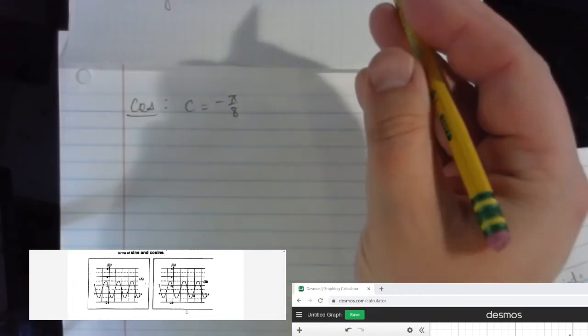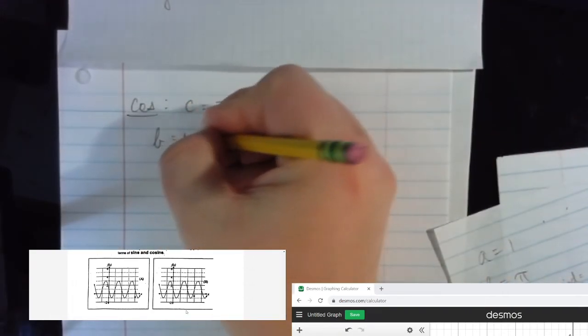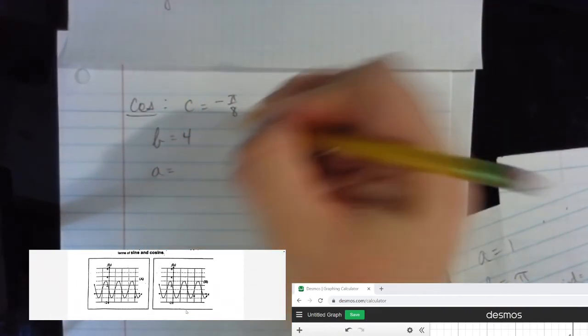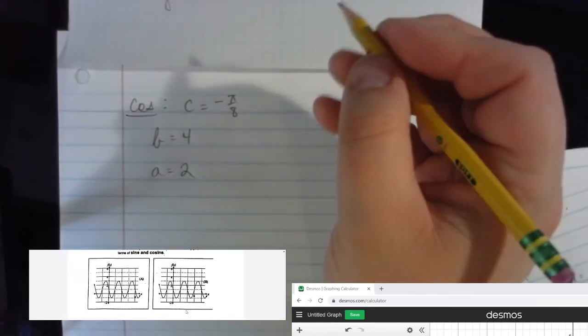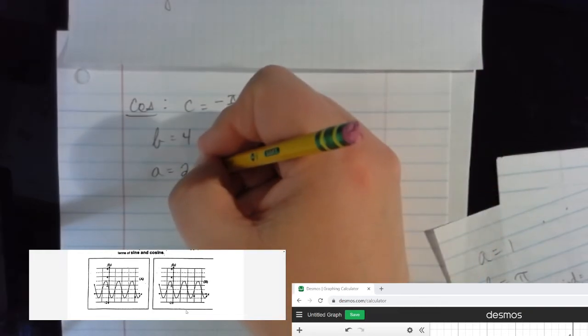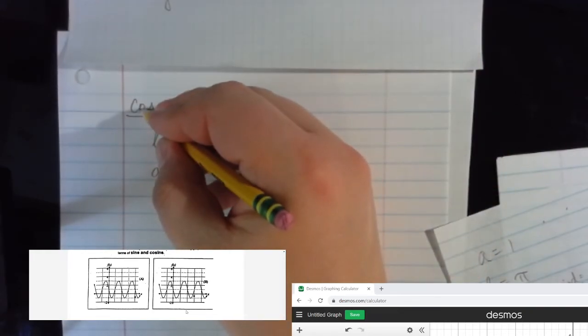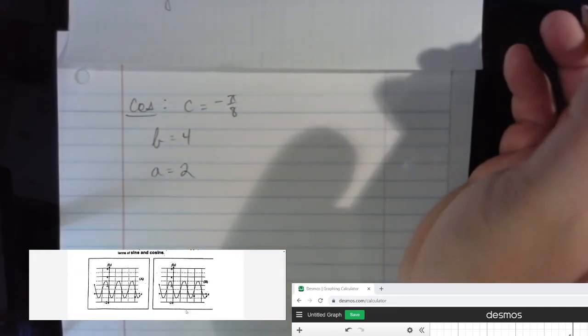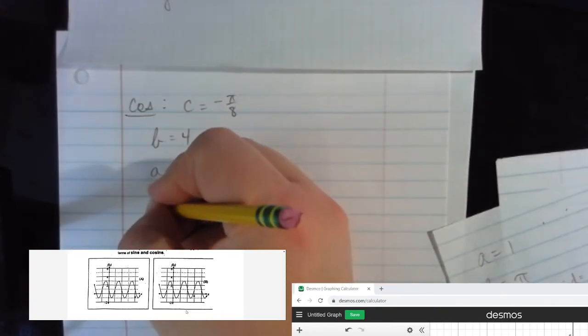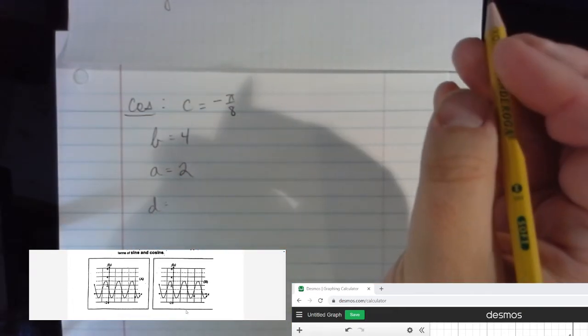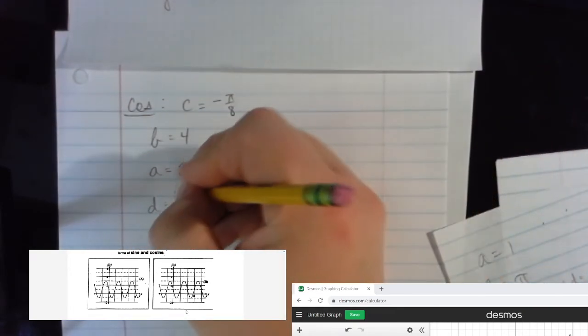Notice period doesn't change, so the b value doesn't change. Notice that the amplitude doesn't change, so the a value is still going to be 2. But in this case, since I'm starting at a maximum, which is what a cosine graph normally does, it's not a reflection. I don't need a negative on that. The d value also doesn't change. The central axis is still the central axis, which I said was 1.